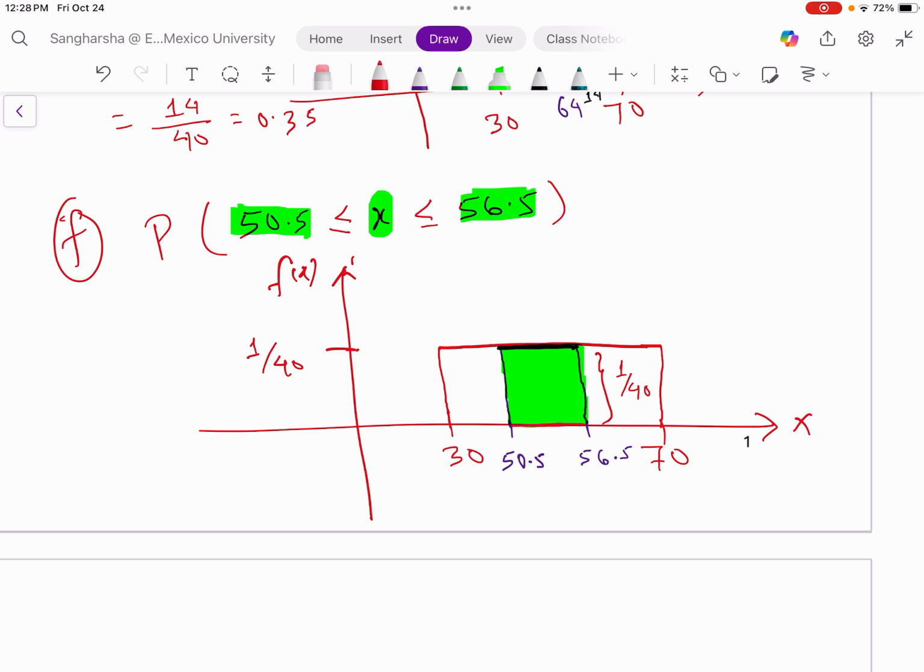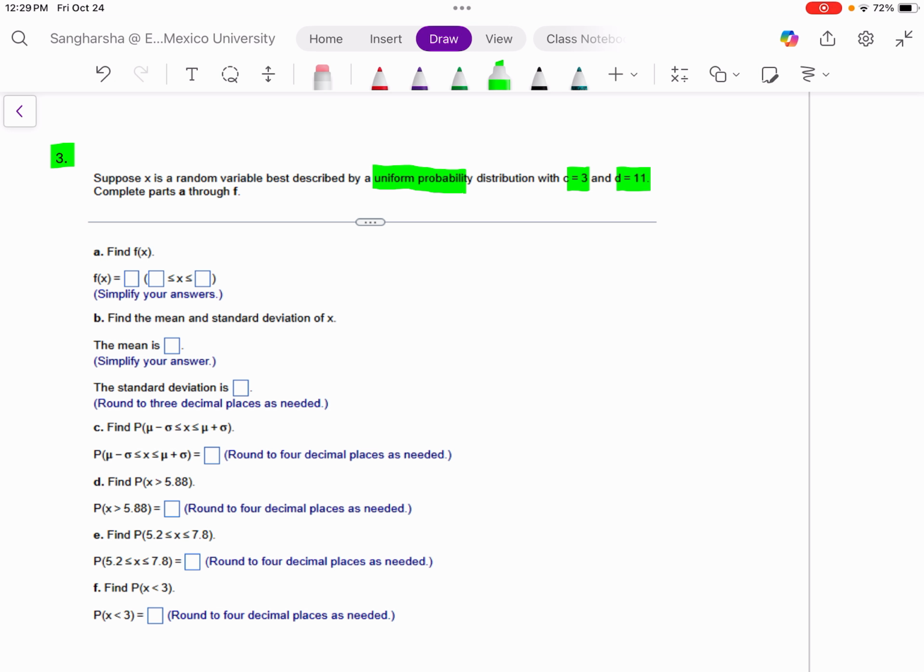So next is number 3. In number 3, we have a uniform distribution. Our c is 3, our d is 11, and we have to complete A up to F. First, we have to find the function. Since we are talking about a uniform probability distribution, our function f of x is always 1/(d minus c).